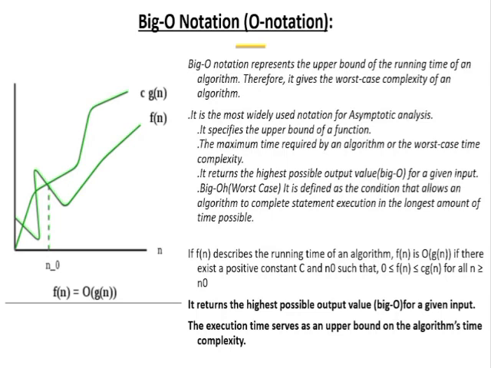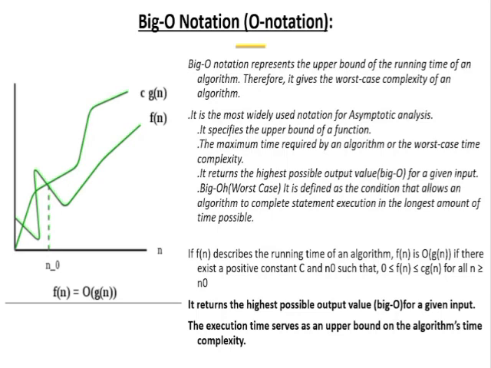It specifies the upper bound of a function, the maximum time required by an algorithm, or the worst case time complexity. It returns the highest possible output value for a given input. Big O is defined as the condition that allows an algorithm to complete statement execution in the longest amount of time possible.